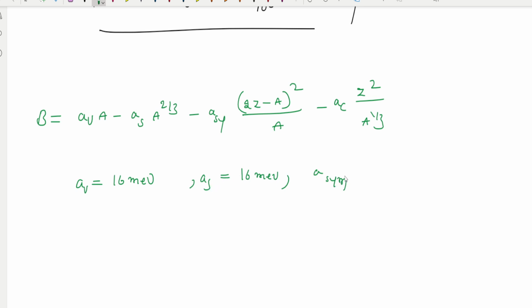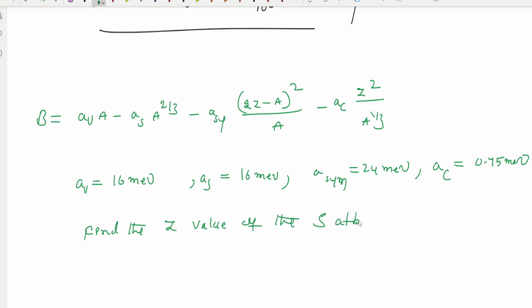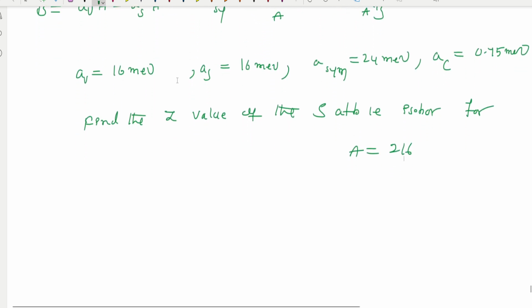This is the symmetric term 24 mega electron volt. Then the Coulomb term is 0.75 mega electron volt. They are asking to find the Z value of the stable isobar for the specifically mentioned A equal to 216. Okay, this is the next problem.